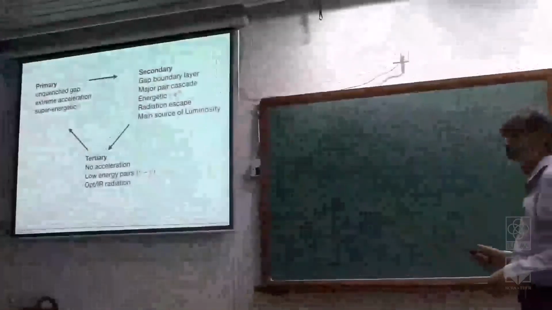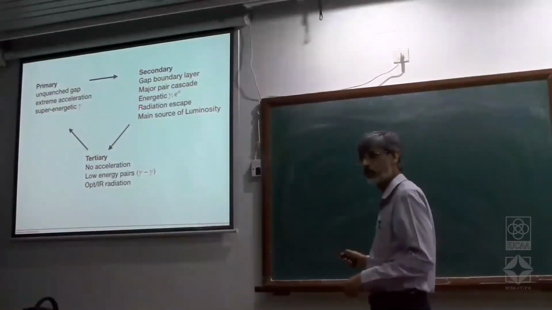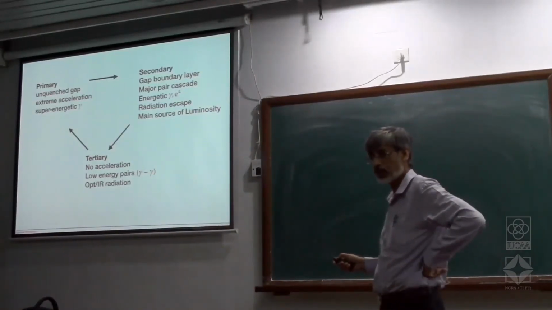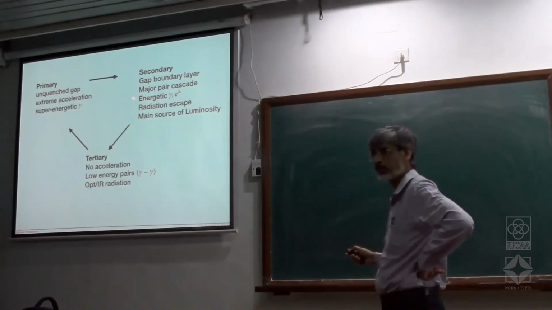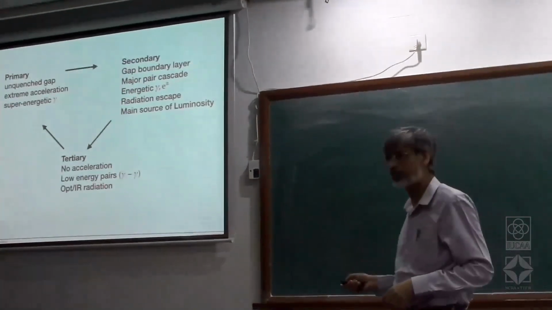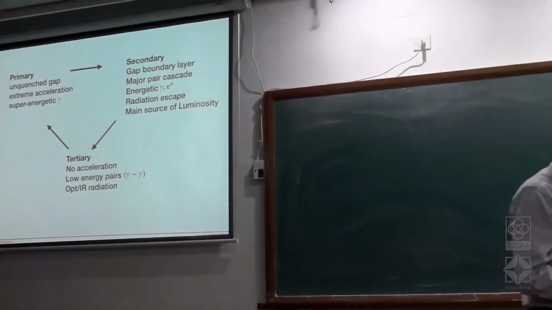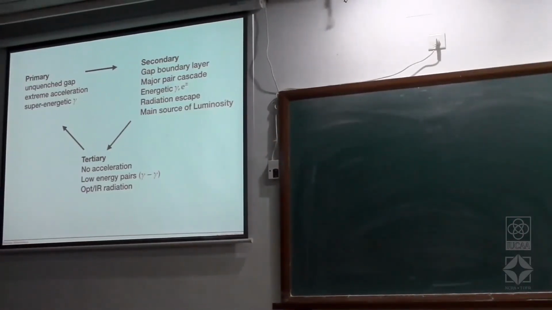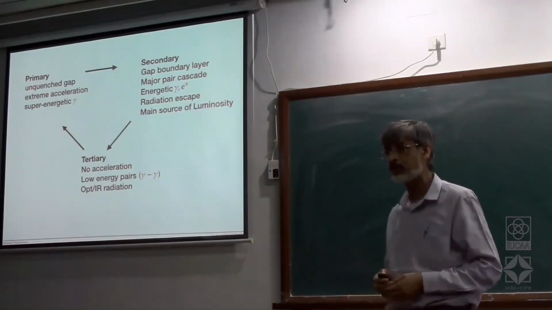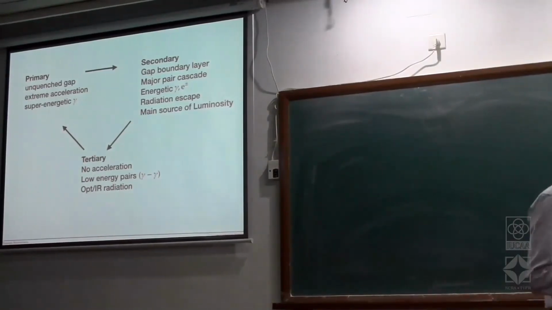So this is a self-sustaining closed cycle. Primary produces super high energy gamma rays, which go to secondary where pairs are produced and crossed beams are produced, which end up in the tertiary region where low energy pairs are produced and low energy synchrotron emission is produced. The low energy synchrotron emission illuminates the primary gap and then provides fuel for pair production.